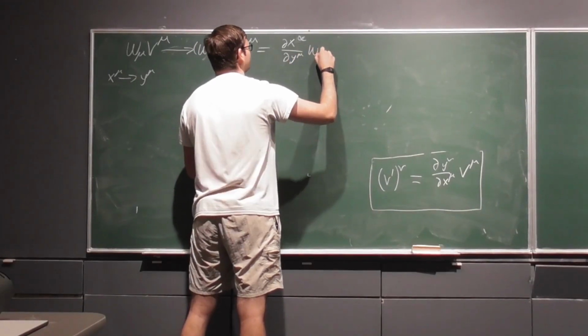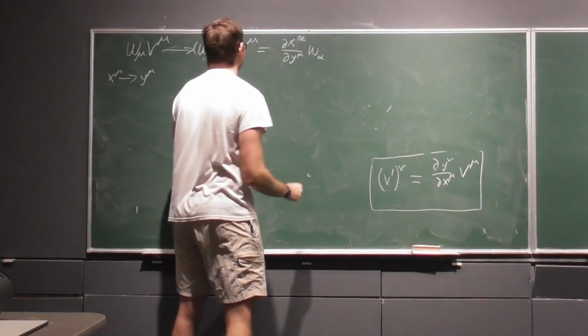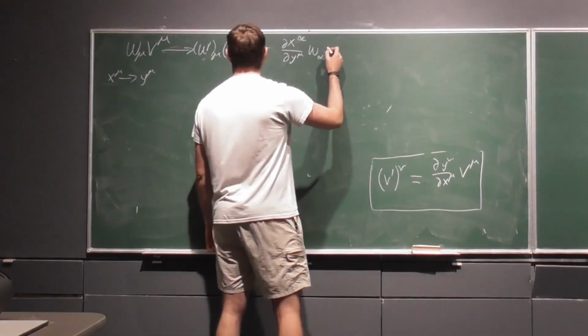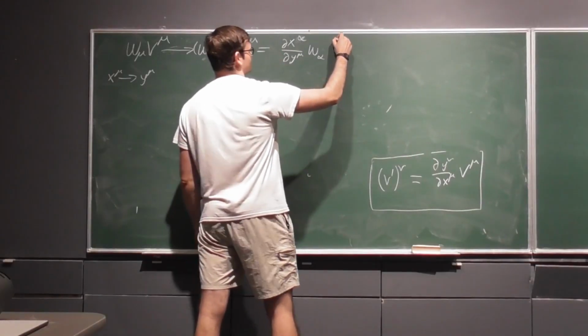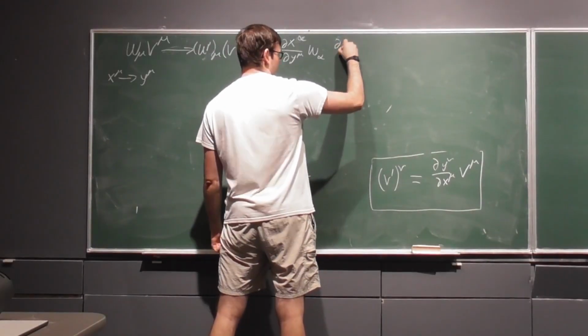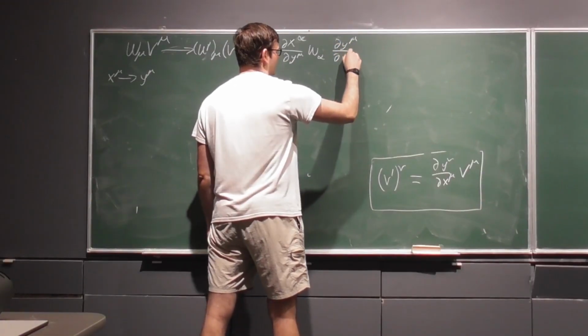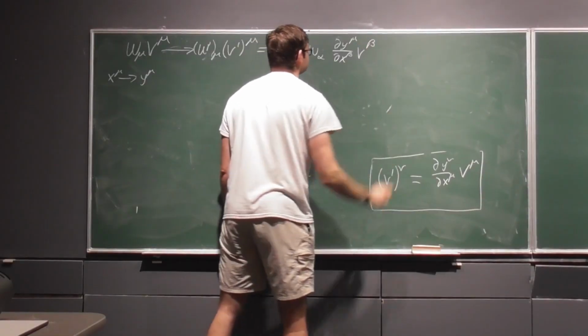And then we got W alpha. Okay? That's the first bit. It's just this. Then this second one will change like this. So start with a mu up here. So we'll just switch the indices. So this is going to become dy mu dx, I'm going to call it beta, and then we get v beta.